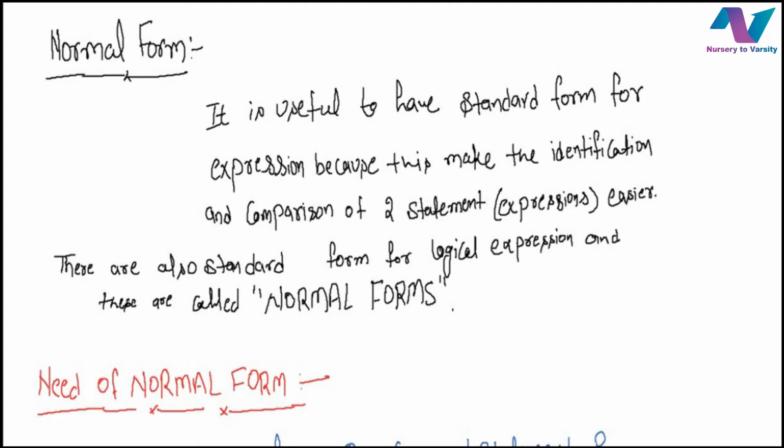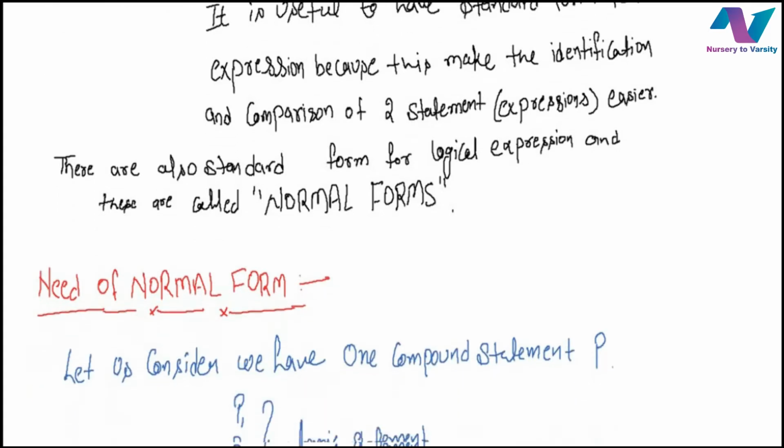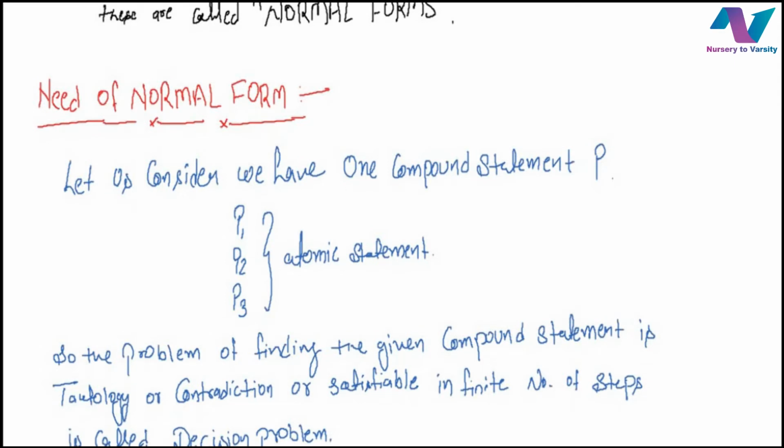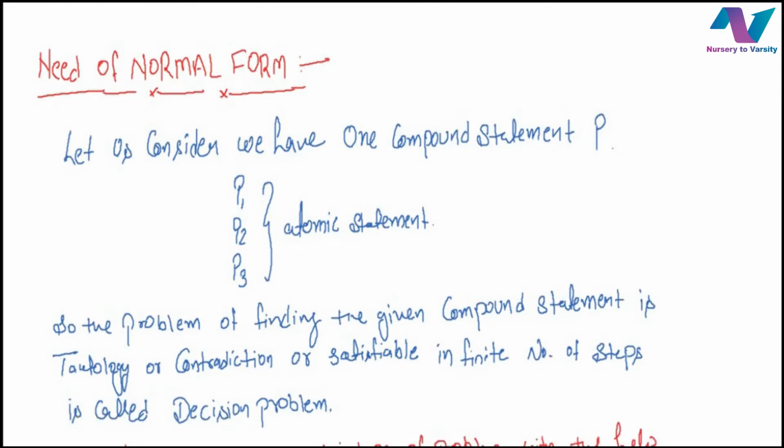So we need to discuss the need of normal form. Let's consider we have one compound statement P, and P is a combination of a few atomic statements, that is P1, P2, P3, P4 and so on.